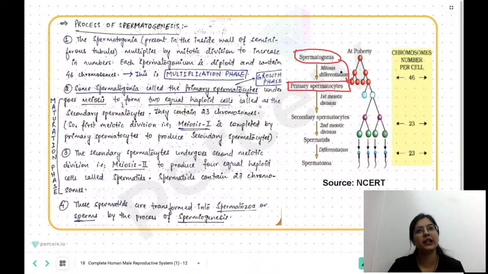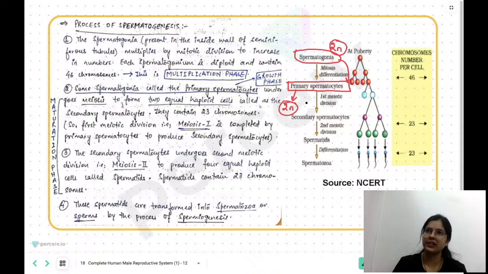And since this is a mitosis differentiation, so ये जो primary spermatocyte है इसकी भी ploidy diploid होगी. This is also diploid. ठीक है, अब ये भी diploid हो गया और स्पर्मेटोगोनिया भी डिप्लॉयड हो गया और प्राइमरी स्पर्मेटोसाइट्स भी डिप्लॉयड हो गया.